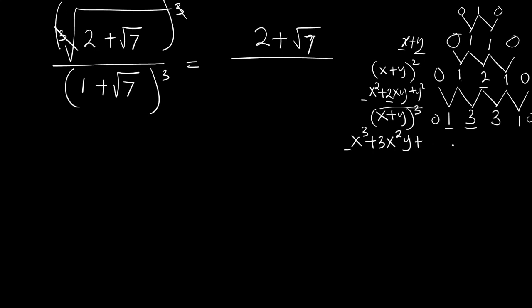Then plus the next one, the coefficient will be 3, x decreasing by 1, y increasing, then plus y cubed. At this point the coefficients are 1, 3, 3, 1. So that is what we're going to use to expand and open up this bracket.